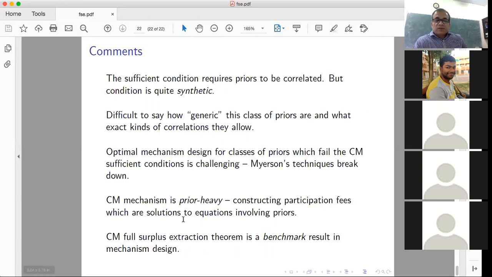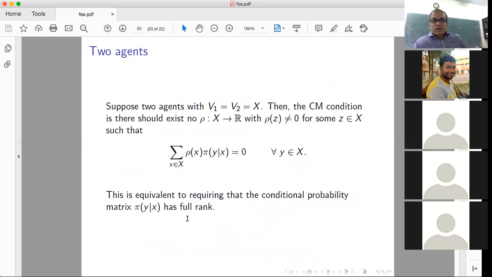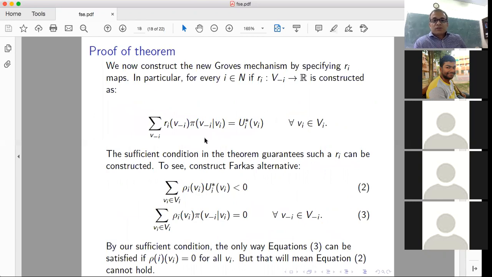Another criticism of this Cremer-McLean paper is that the mechanism they propose is quite prior heavy, because the participation fees, the way you construct them, are basically a solution to this system of equations. And to solve this system of equations, you need to know these priors, right?